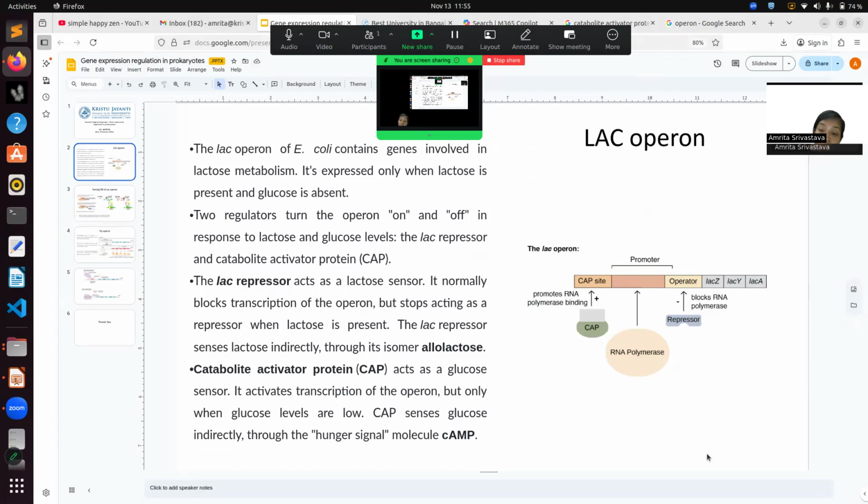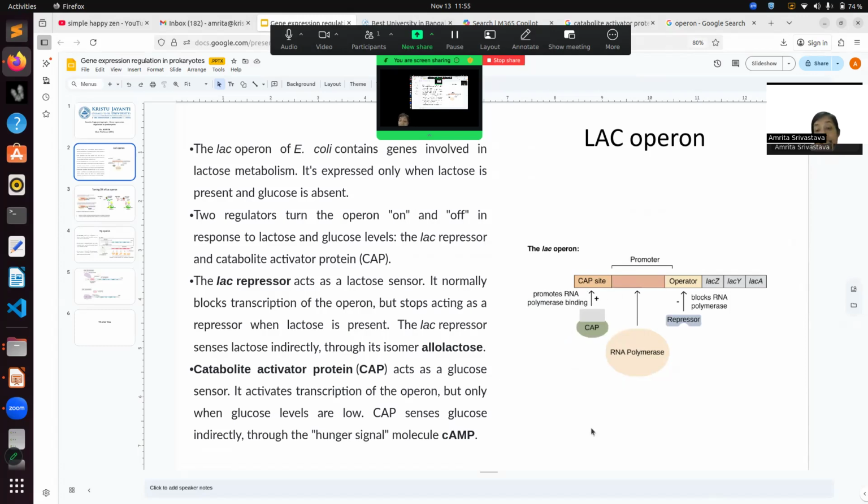From this figure, we will understand that each of these genes that are clustered together has a different role in lactose metabolism. For example, when glucose is low, cAMP is upregulated. This cyclic AMP molecule binds to catabolite activator protein, and that attaches to the CAP site in this operon.